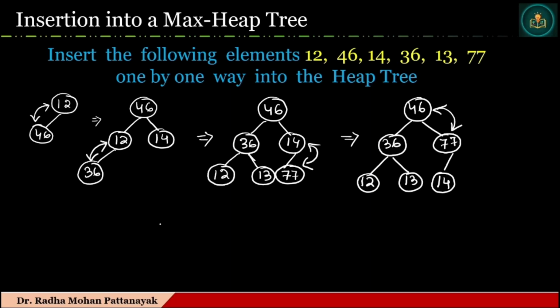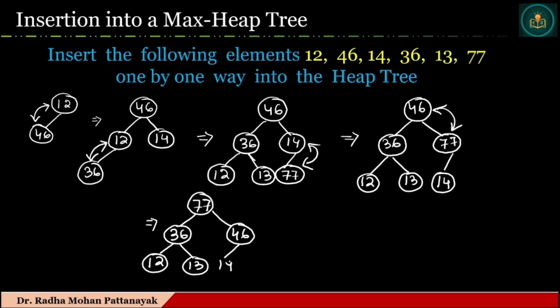And after swapping, we will get the tree as 77 will become the root node, then 77's left is 36, then 36's left is 12, 36's right is 13, then 77's right is 46, because 46 will come down as a child node, then 14 is the child of 46.